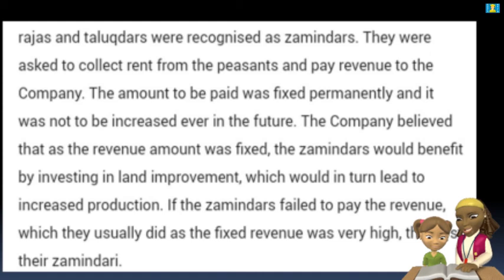The company believed that as the revenue amount was fixed, the zamindars would benefit by investing in land improvement, which would in turn lead to increased production. If the zamindars failed to pay the revenue, which they usually did as the fixed revenue was very high, they lost their zamindari.